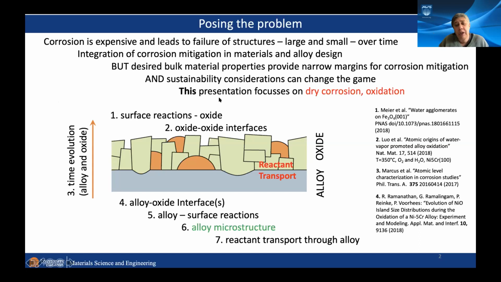So if you look at what you actually are studying in this context, you can see that it's a system which has many, many, many interfaces and surfaces. This is a very schematic view, which has a tenuous relation to reality.